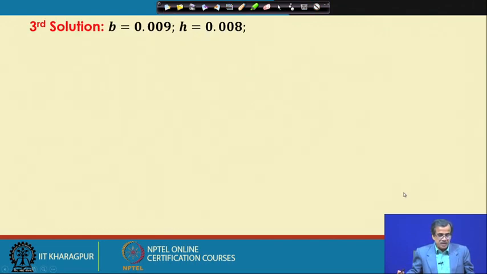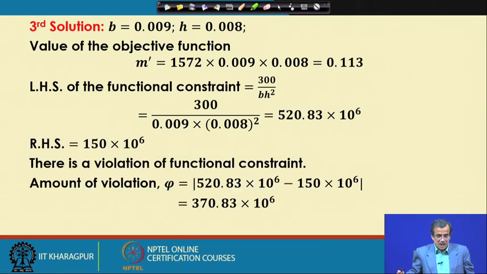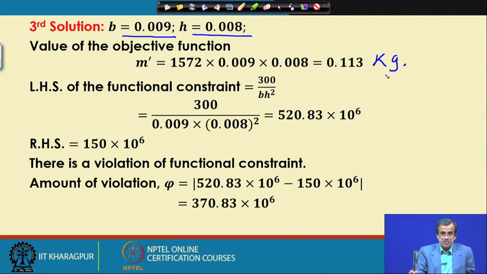Now we go for the third solution. For the third solution, b is equal to 0.009, h equals 0.008, the value of the objective function is 0.113, and let us find whether there is any violation of the functional constraint. The left hand side of the functional constraint is 300 divided by b h square, that is nothing but this, and this is more than the allowable value.